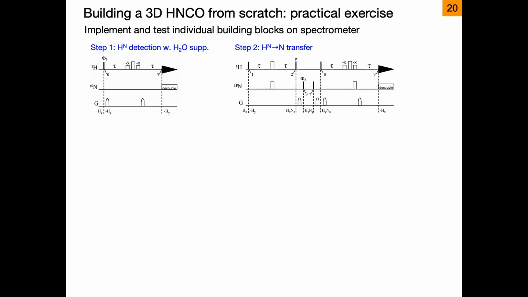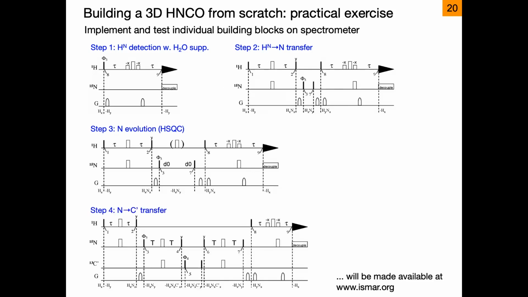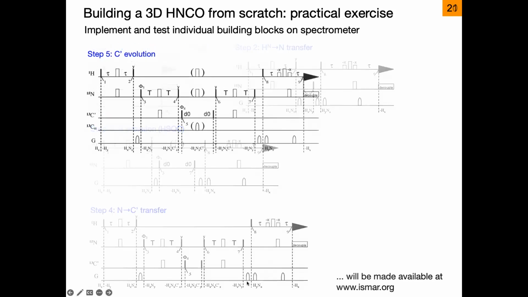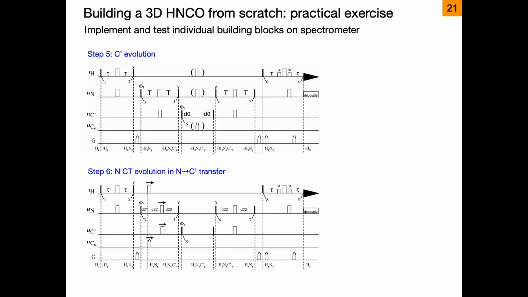So we can do an H to N transfer, measure the intensities there, and then eventually an HSQC you can easily build. And then you can go one step further from the nitrogen to the carbonyl, measure again the efficiency, and then continue to add carbonyl evolution and to add nitrogen evolution.